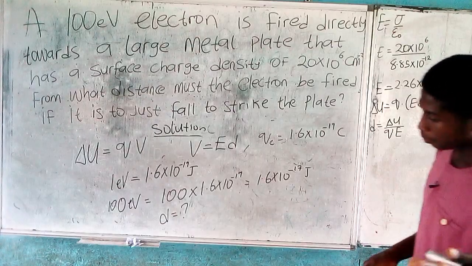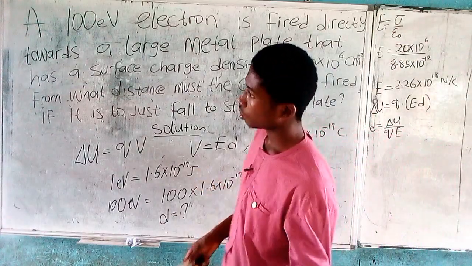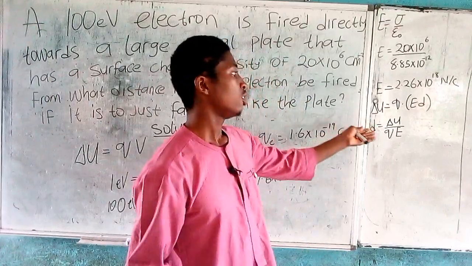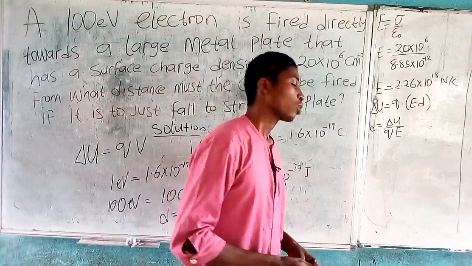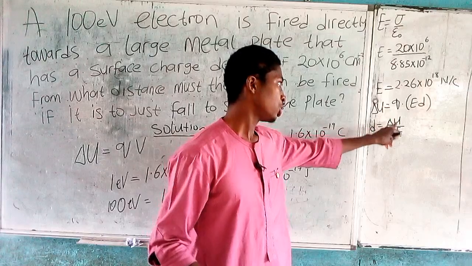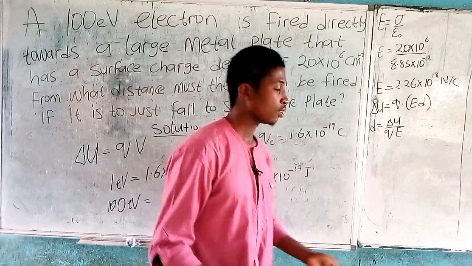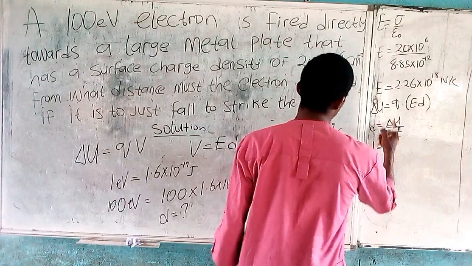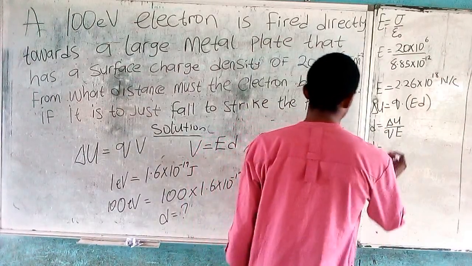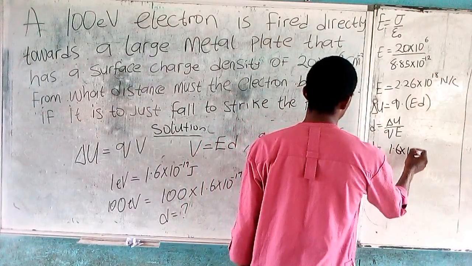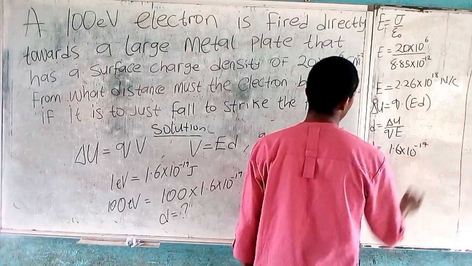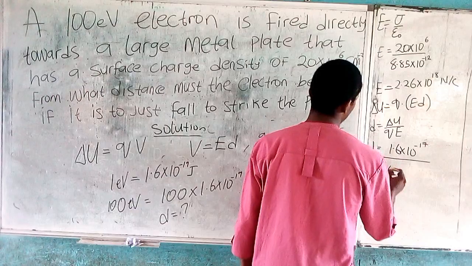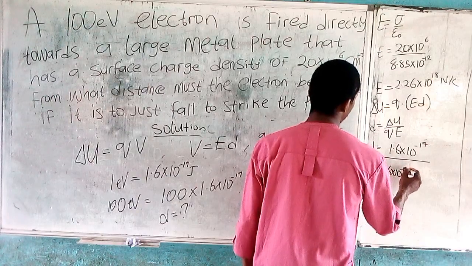I remember very well that charge times electric field is force itself, and this is dimensionally correct because energy over force gives you distance, right? So therefore, input our energy, which is 1.6 times 10 to the power of negative 17, all divided by our charge, 1.6 times 10 to the power of negative 19.